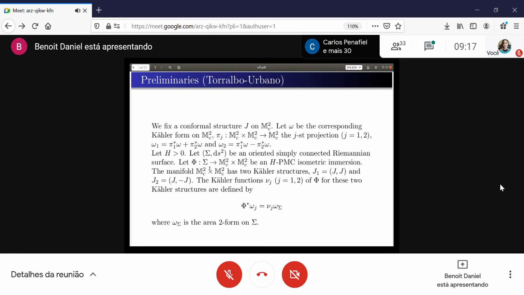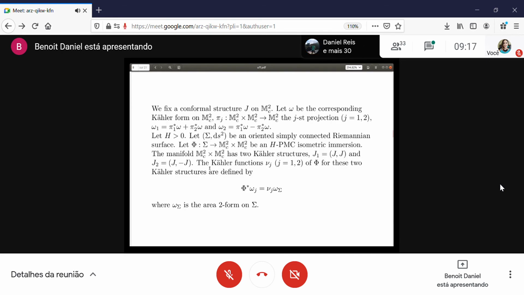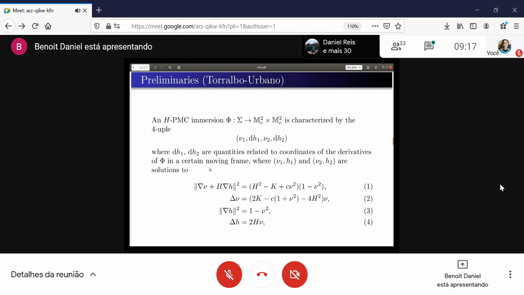They are important because we can reduce the problem of finding isometric immersions to a problem of finding solutions to a set of PDEs.